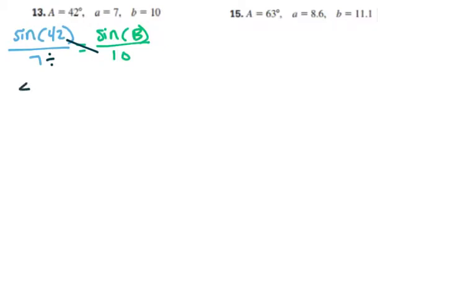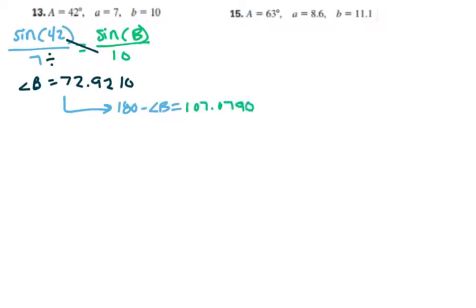So that means that angle B is actually going to be 72.9210, which means that the alternate to angle B is going to be 180 minus that answer to get the new B value, 107.0790. So we have two problems now that we can use.